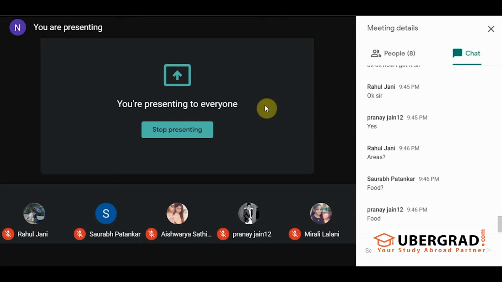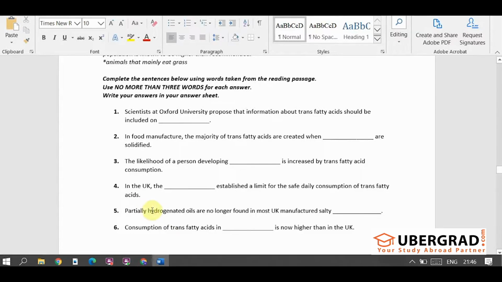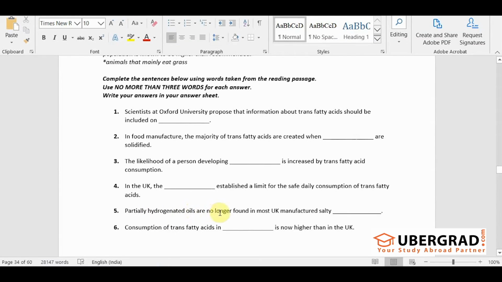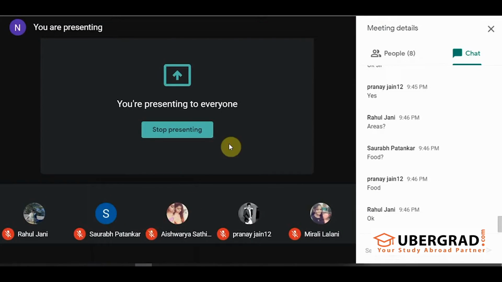Salty food item. Okay. See, the question is saying partially hydrogenated oils are no longer found in UK manufactured salty dash. So some kind of food item they manufacture which does not contain partially hydrogenated oils. We have to identify the name of that food product. Which food product manufactured in UK does not contain partially hydrogenated oils is what the question is asking.